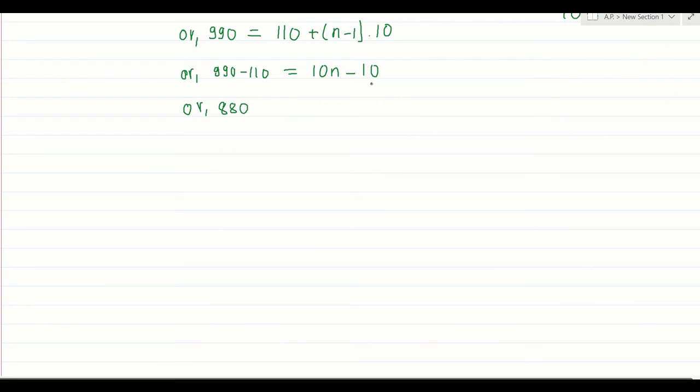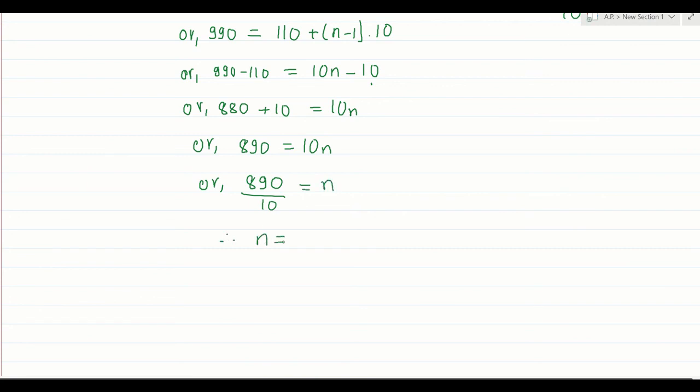The minus 10 from right hand side will come to left hand side. It is plus 10 equal to 10n, or it is 890 equal to 10n, or 890 divided by 10 is equal to n.